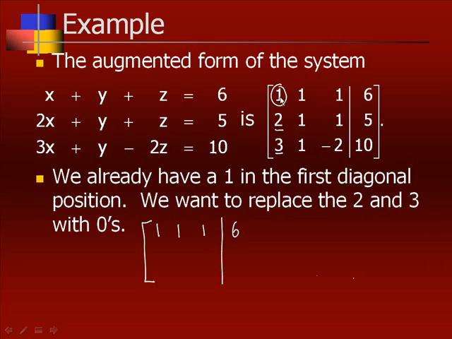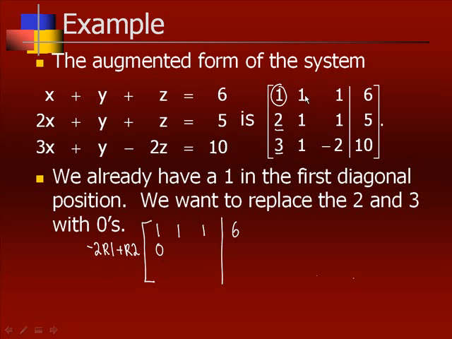Now we want to get the zeros. So let's multiply -2 by row 1 and add it to row 2, and that would give us a 0. -2 times 1 is -2, plus 2 is 0, all the way across.